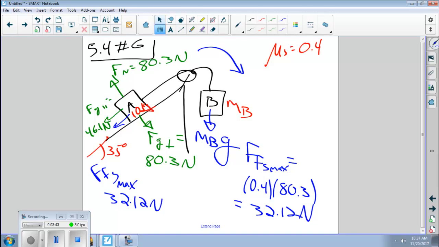Why do we know friction is going down there? So we're trying to put as much mass here as we can. We want mass B to be as massive as possible, right? And eventually, if this mass gets big enough, it'll move that way, right? Good. And so friction's going to resist that.